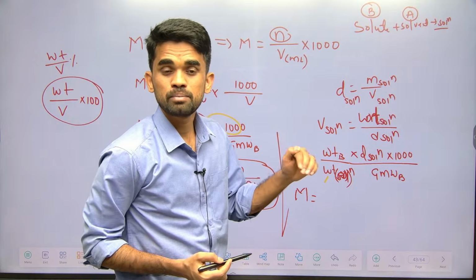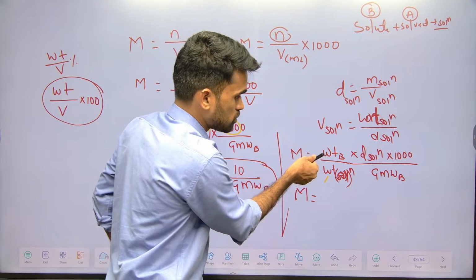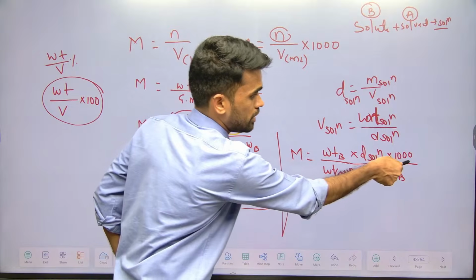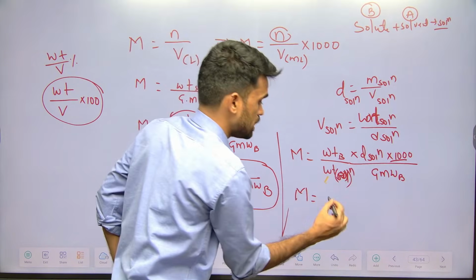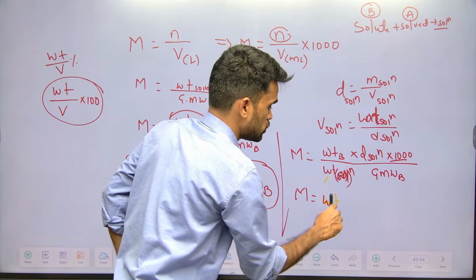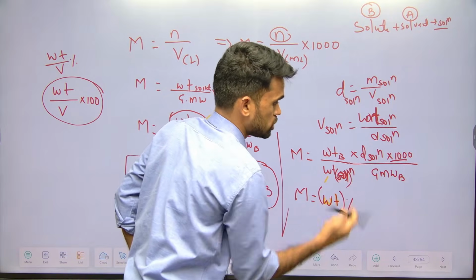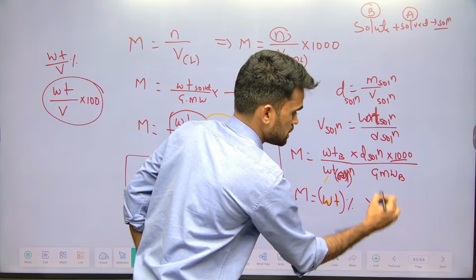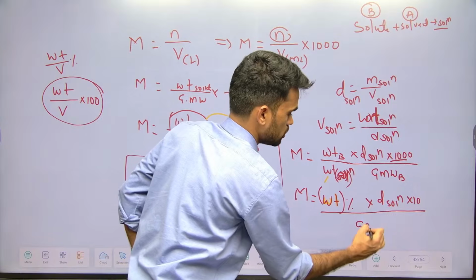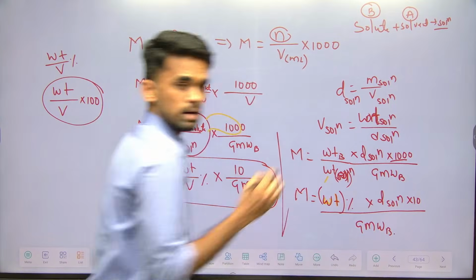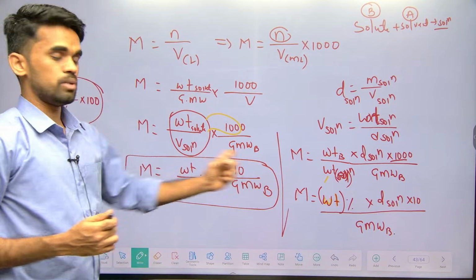Weight by weight percentage. So weight of solute by weight of solution into 100. It means weight percentage of that solution into density of solution into 10 by gram molecular weight of solute.